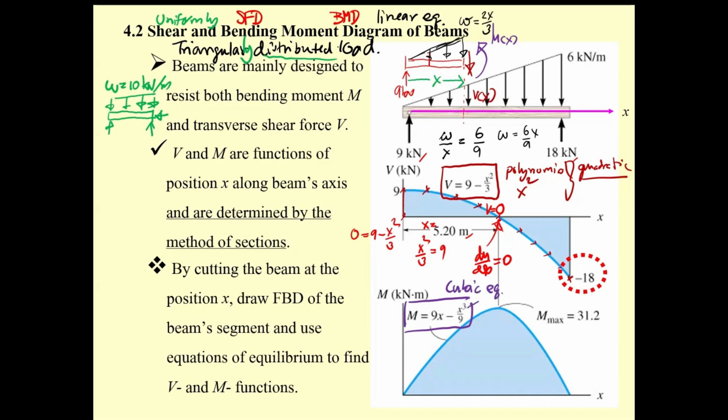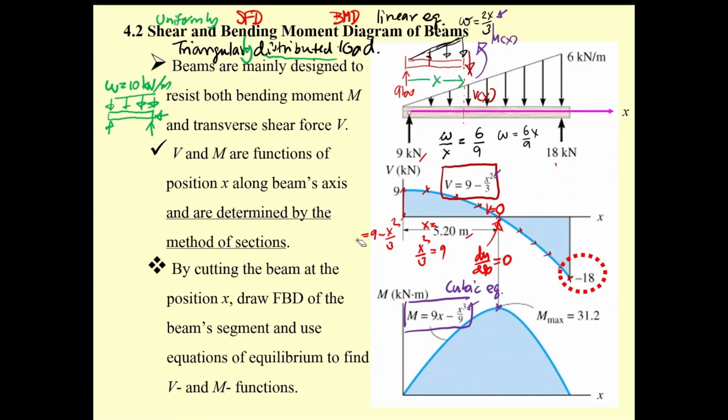This is x cubed. Okay. This is x squared. This is x. It's going to be in order. And then at the end of this one, we got a maximum moment of 31.2.